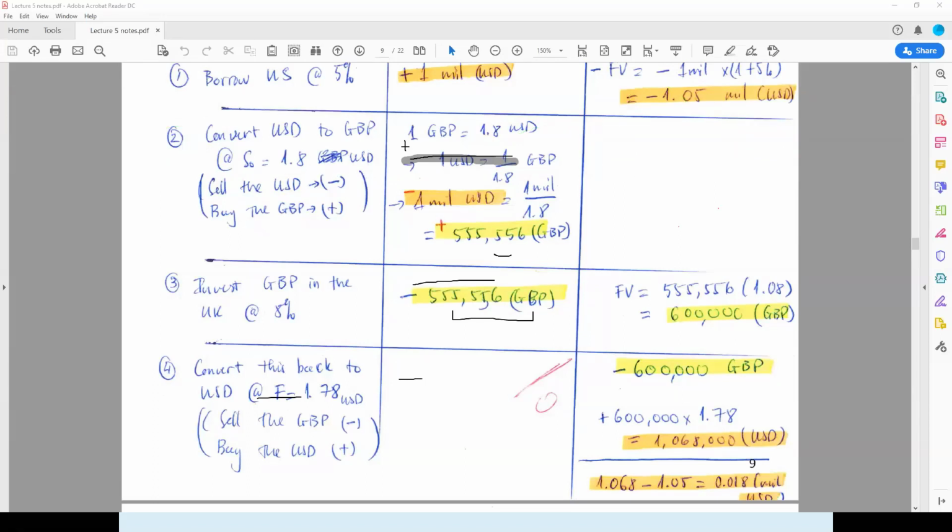All right, so in the last step, what I wanted to do next is to convert the pounds that I earned from this investment back into the USD.